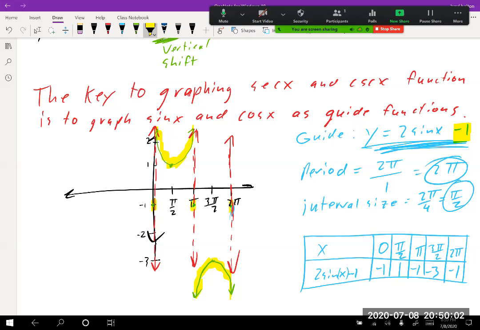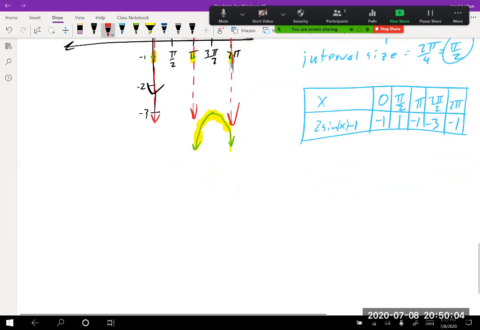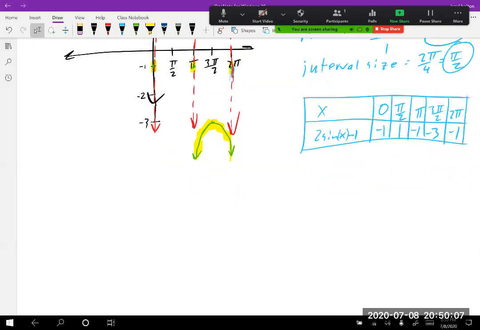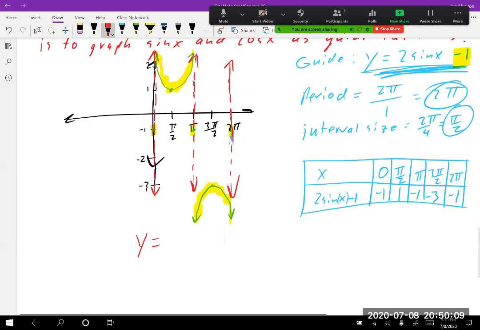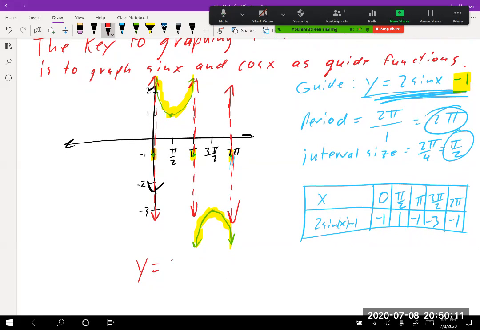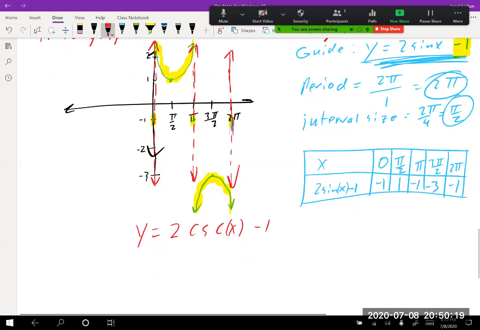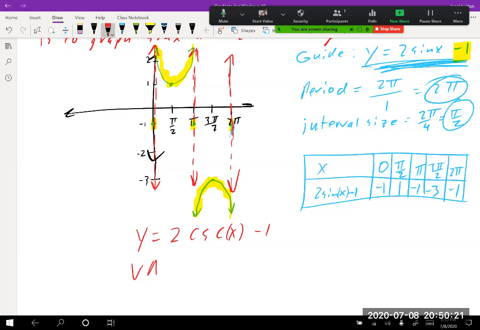And then you could say that you have vertical asymptotes, because sometimes they want to know vertical asymptotes. So this is the graph of y equals 2 cosecant x minus 1, okay? And we have vertical asymptotes at x equals 0, x equals pi, x equals 2 pi, okay?